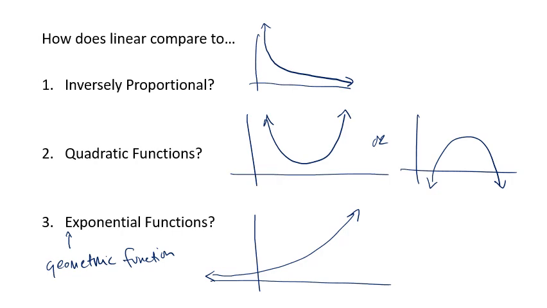The differences are changing, but the differences between the differences is constant. It's really neat. It's really cool. You can look at it on your own, but we're not going to talk about that too much in this class. So the main thing for what we're doing right now is just knowing that these three types, inversely proportionate, quadratic, and exponential, they don't form straight lines. They're not linear. That's the bulk of what you need to know for right now.